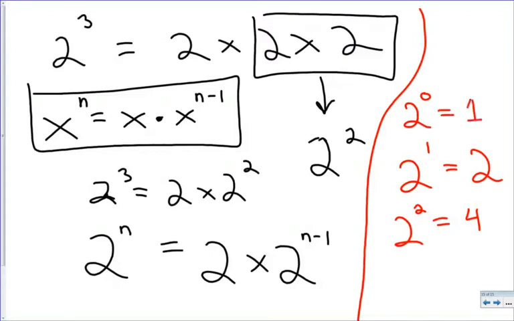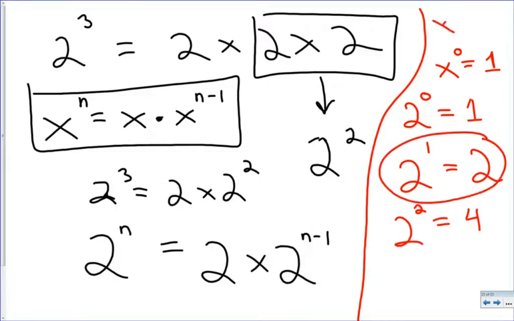And really, does it have to be 2? No. Anything to the power of 0 is 1. And also, x to the power of 1 is x. That's right. You guys have just identified 2 important incidences that are going to make this work.